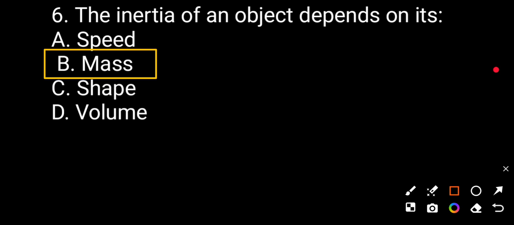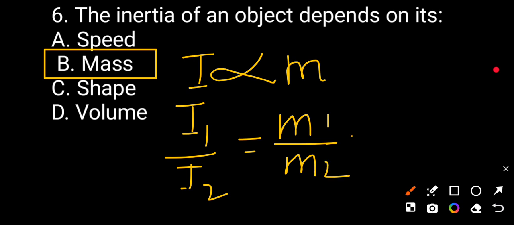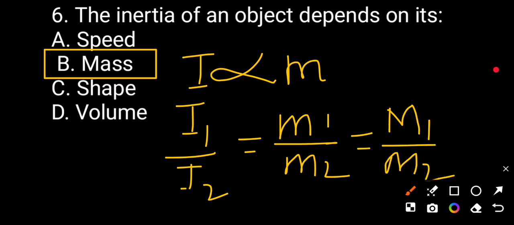The inertia is directly proportional to the mass of an object. So I1 upon I2 is equal to M1 upon M2.